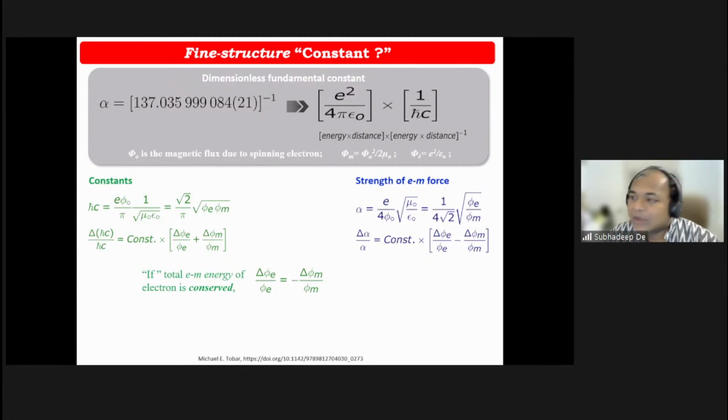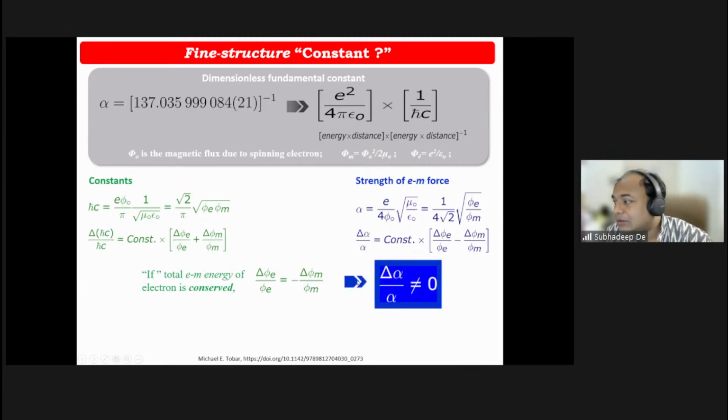So for now, let's forget about all these vacuum fluctuations. Let's say the total electromagnetic energy should be conserved for an electron. Then delta phi e by phi e is equal to negative delta phi m by phi m. Okay, now if I use this in the delta alpha by alpha relation, then delta alpha by alpha is not equal to 0.